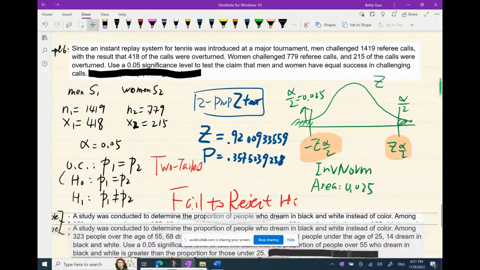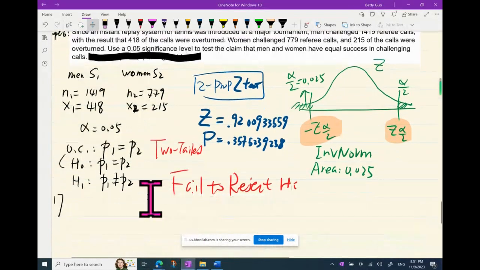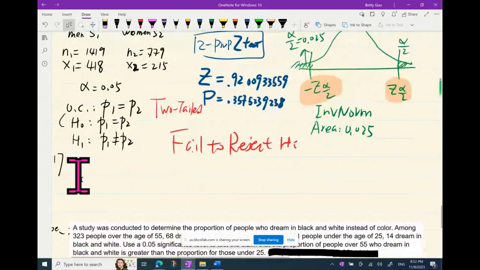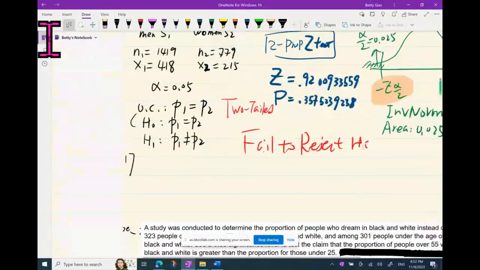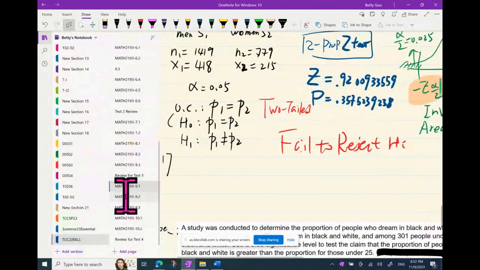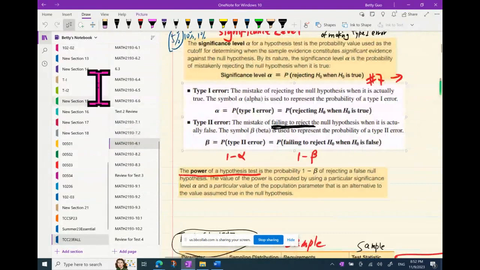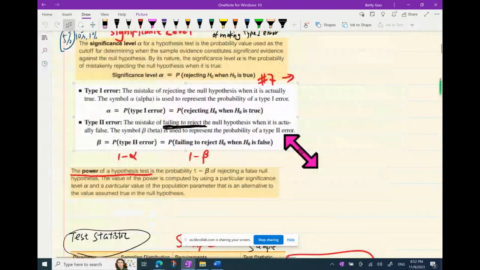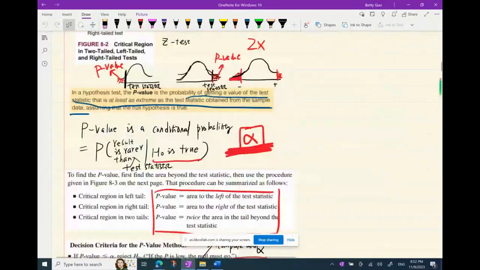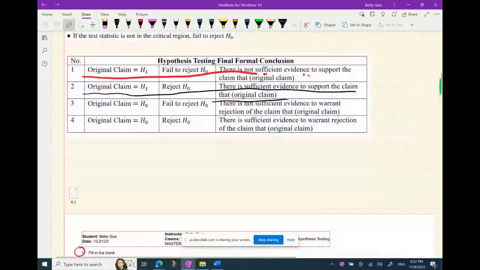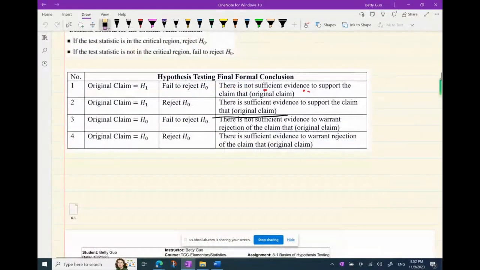I'm going to show you the chart from the previous section, and the chart you're going to use for the test. You're going to use that for test 4 as well. It's right here. The chart I made for you right here. So remember the question earlier. Let me copy paste.